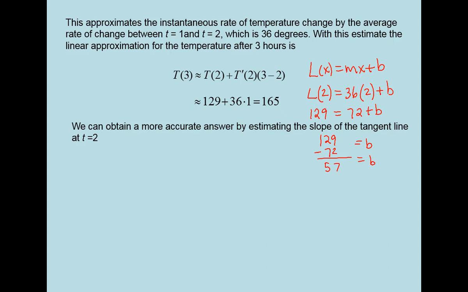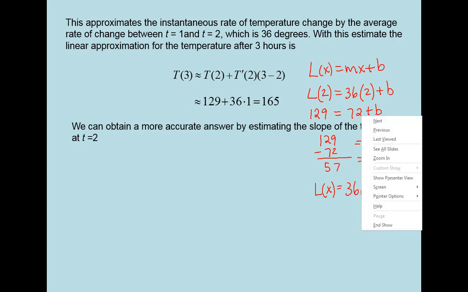So the equation of our line, and I'm using L of x to represent the linearization, is 36 times x plus 57.